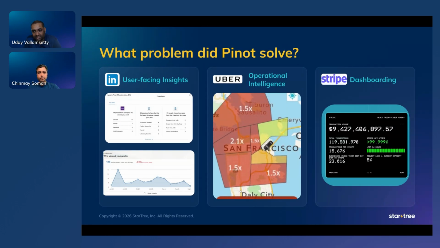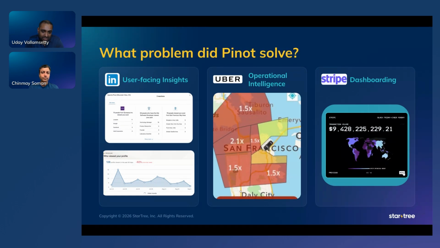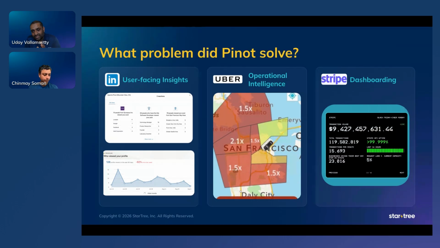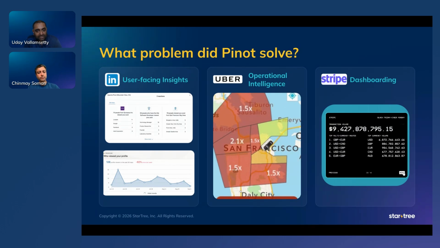That little widget is a dashboard Stripe built to show the transactions during Thanksgiving, and it shows that they were able to keep up with the data coming into Stripe. The use cases are also quite varied: LinkedIn uses it for user facing, Uber uses it for operational intelligence, and Stripe for different use cases, and a lot of other companies are using Pinot.